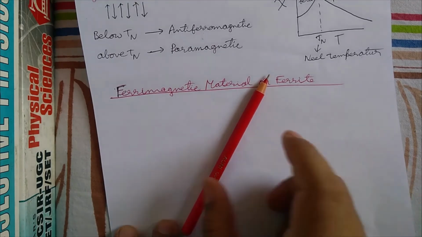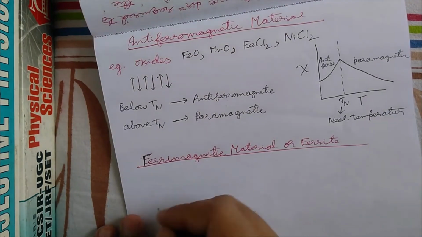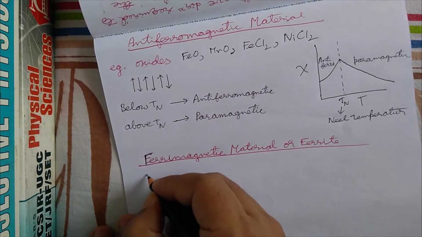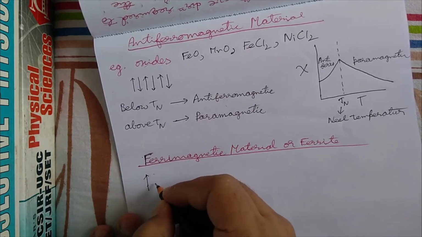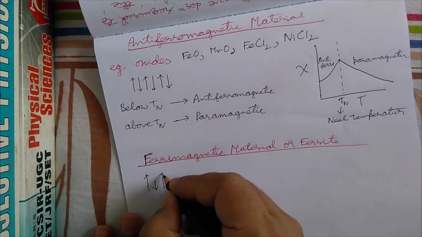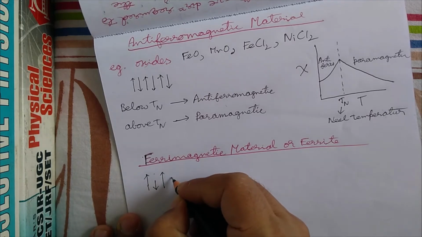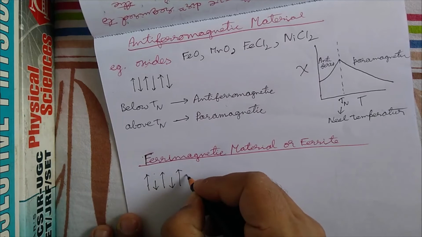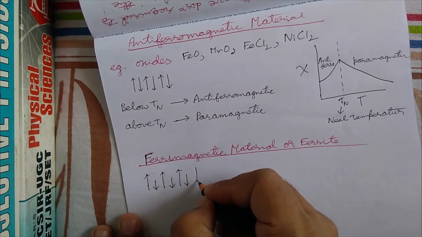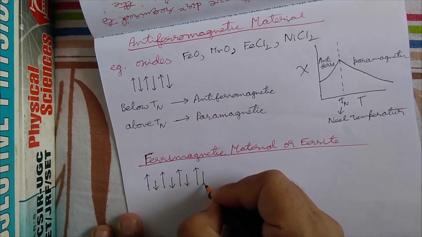How? Here the spins are arranged equal and opposite, but not of the same magnitude.